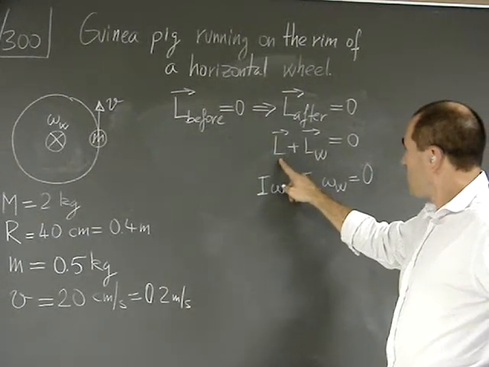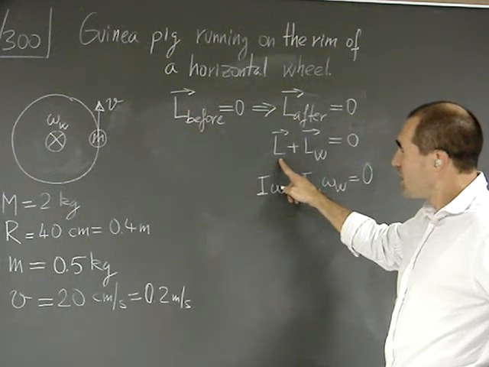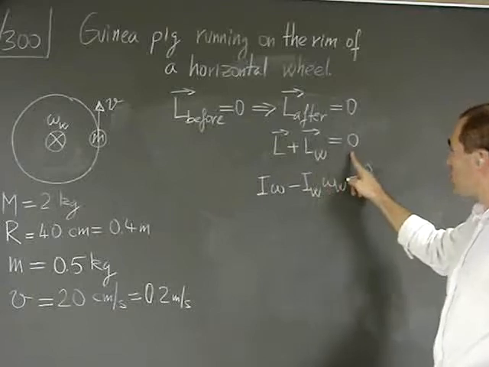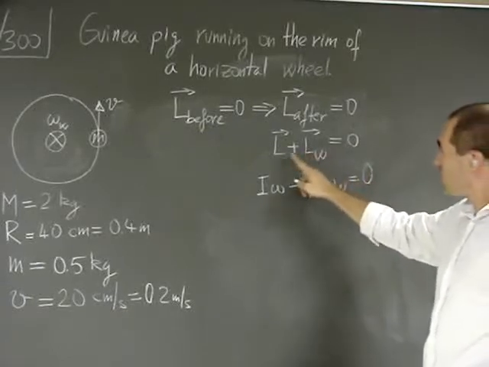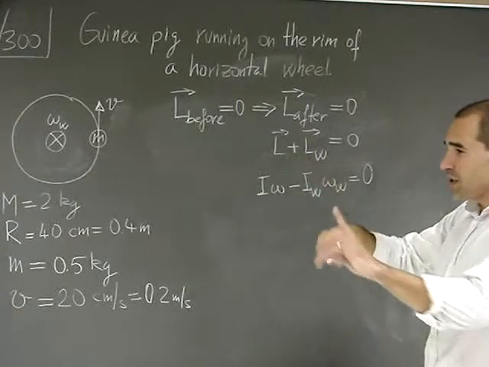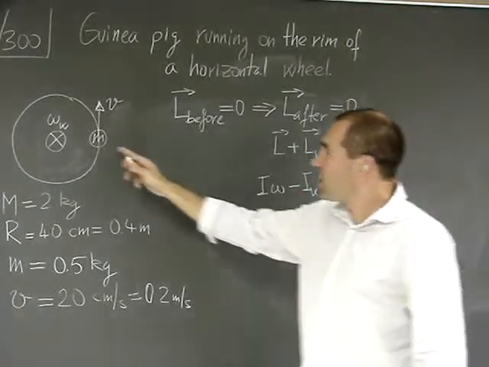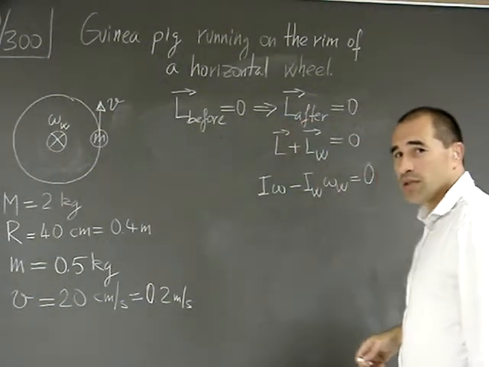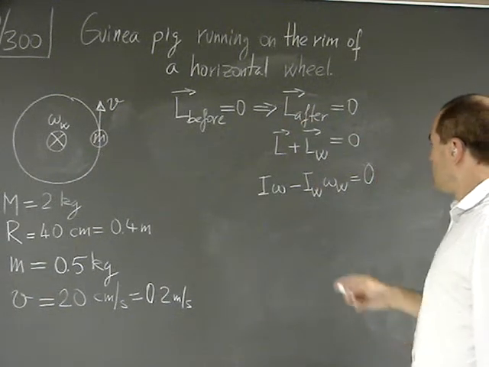That means that the sum of the angular momentum of the guinea pig plus the angular momentum of the wheel must be 0, and remember that these two are vectors. In this case, they point in opposite directions because while the guinea pig runs around this way, the wheel is rotating in the other way.